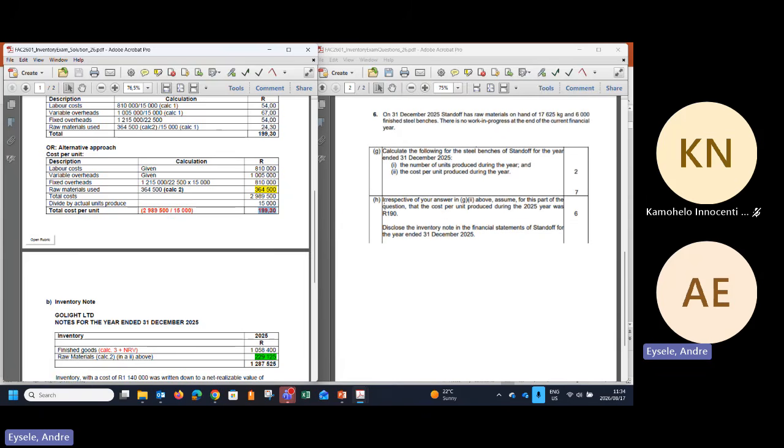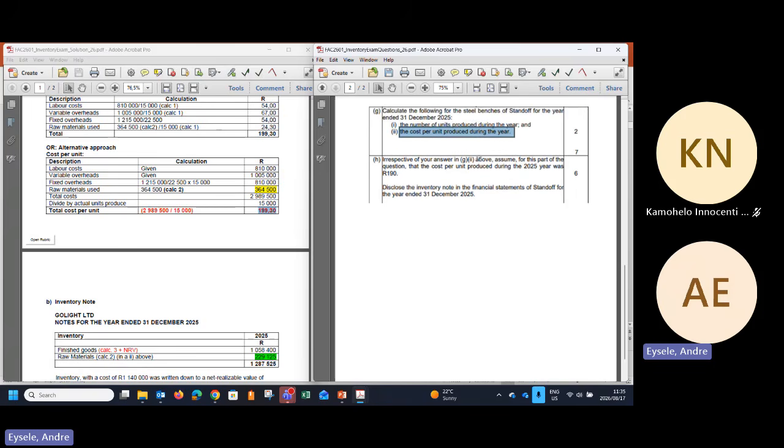Now, irrespective of your answer in G2 above, remember, we said that cost per item is 199 Rand 30, by taking the raw material cost, the variable production overheads, the fixed production overheads, and the labor costs. Then we divided it by the units produced.